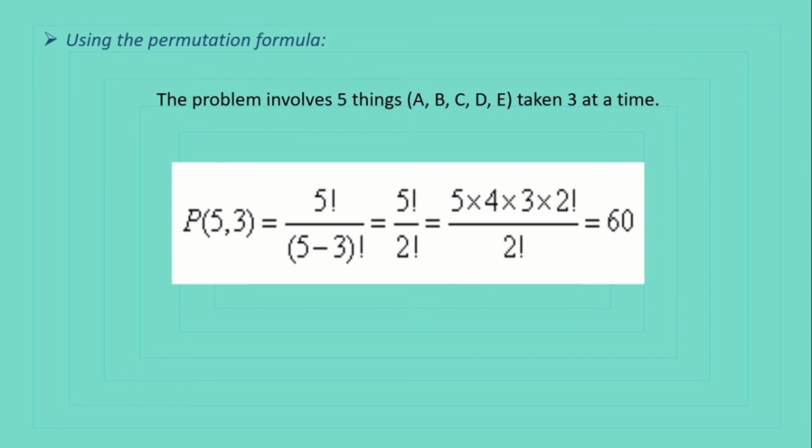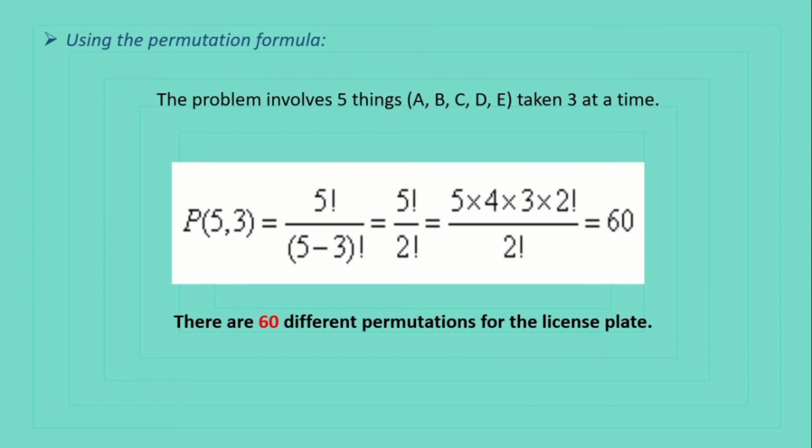So the solution is 5P3 is equal to 5 factorial over 5 minus 3 factorial, which is equal to 5 factorial over 2 factorial, which is equal to 5 times 4 times 3 times 2 factorial all over 2 factorial, which is equal to 60. There are 60 different permutations for the license plate.